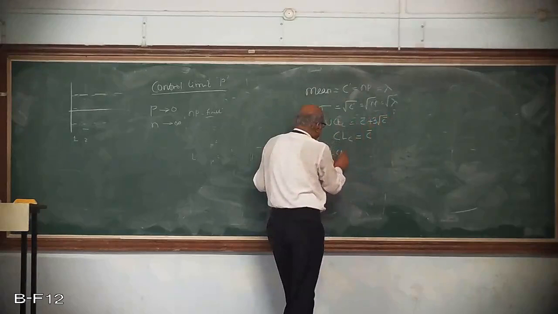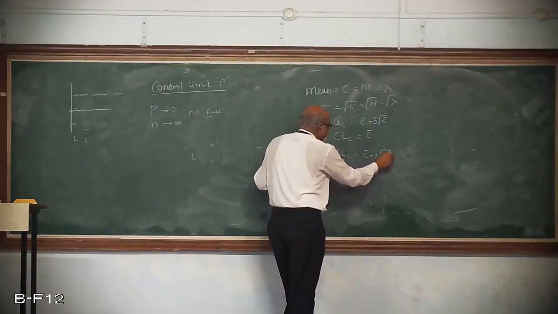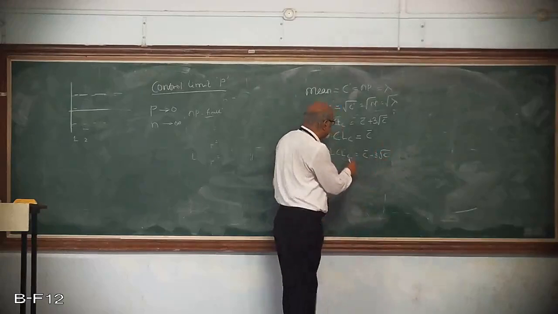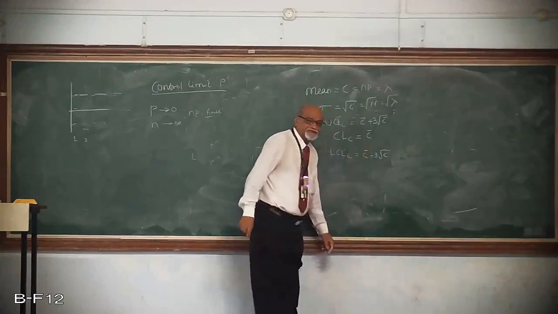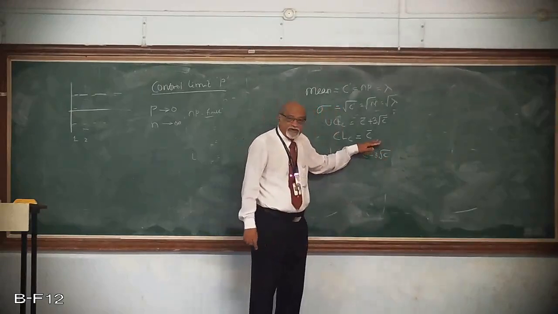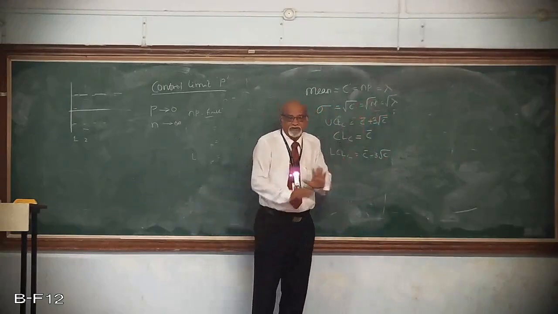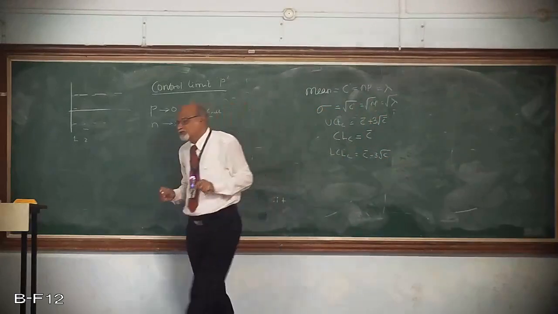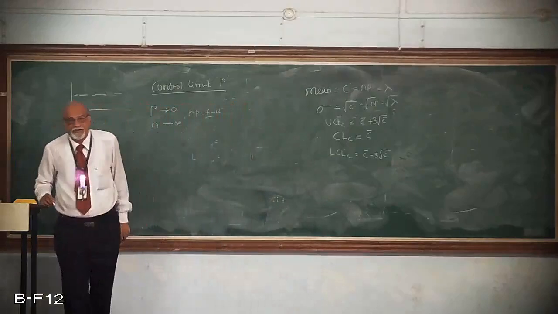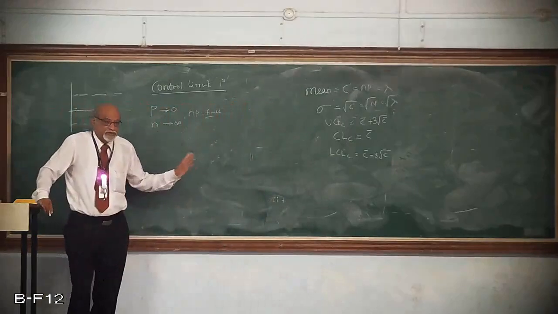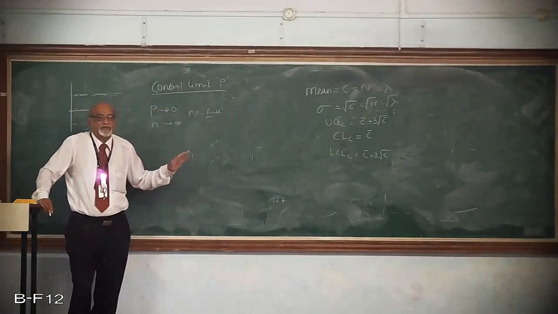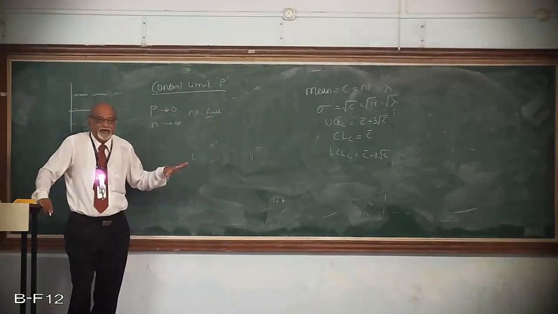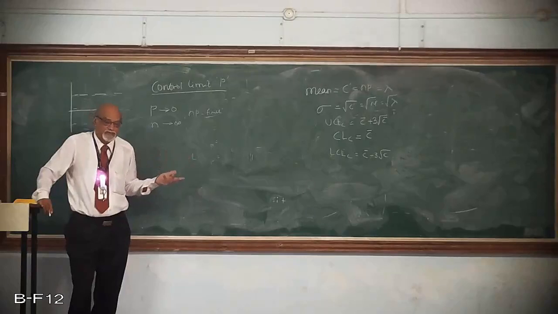Lower control limit, C bar minus 3 times square root of C bar. Simple. Everywhere it is center line and 3 times the standard deviation. That is the common thing for any control chart. No difference. The only thing is, what should be the central line, that means the mean, and what is the standard deviation value. That is what you need to calculate. As simple as that.